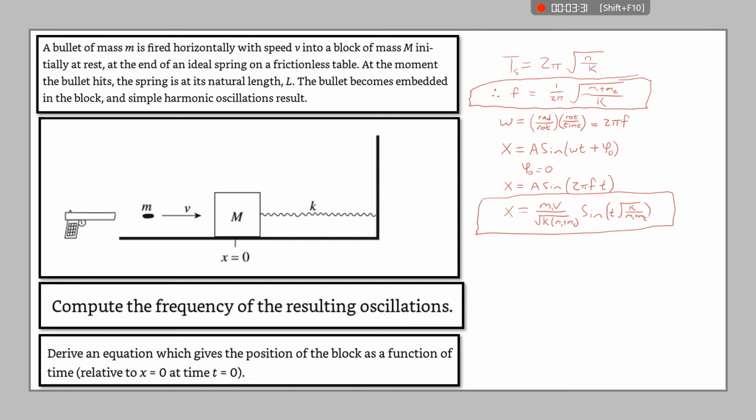Hold on a second. I think I may have just botched this. What should this be? Oh, M and small m. M and small m, okay, but they're in the wrong position, so what should change?